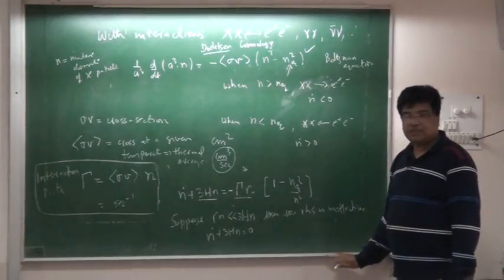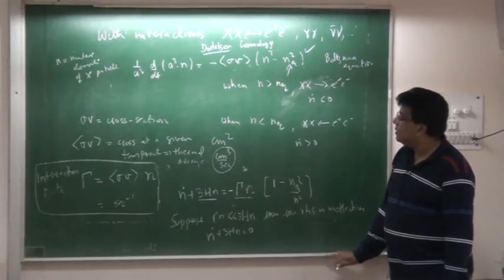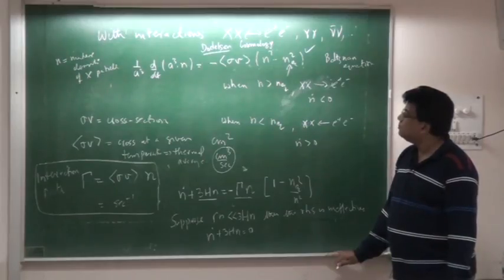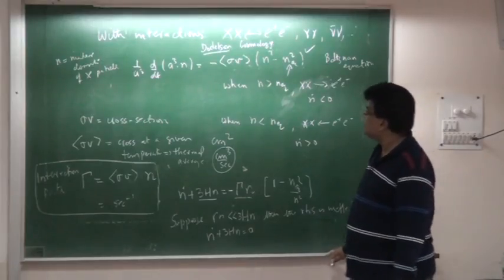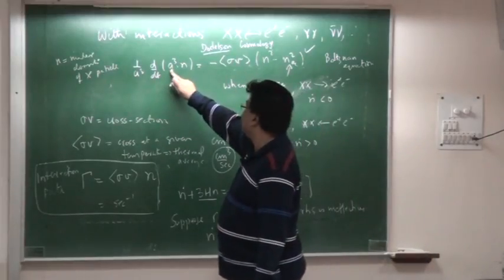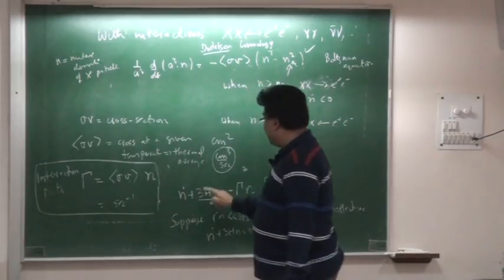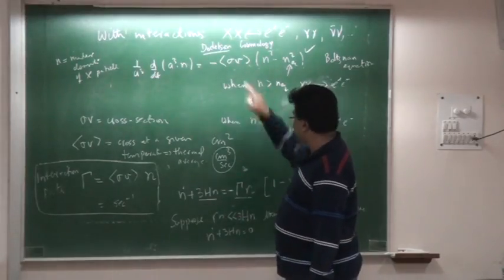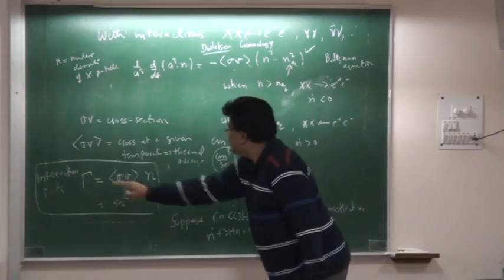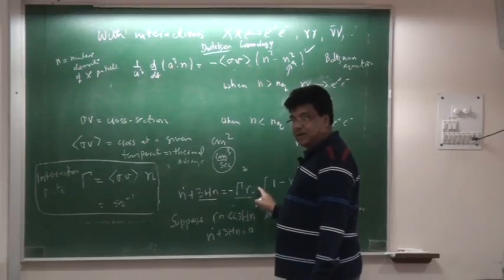Regarding that equation, the dimension is not matching on the right side and left side, because n is centimeter cube inverse, sigma v is centimeter cube per second, and then n square. A has no dimension, so the A dimension cancels here. It is n divided by t. Here h has a dimension of 1 by t because A dot upon A. This gamma also has a dimension of 1 by second, and n divided by t.